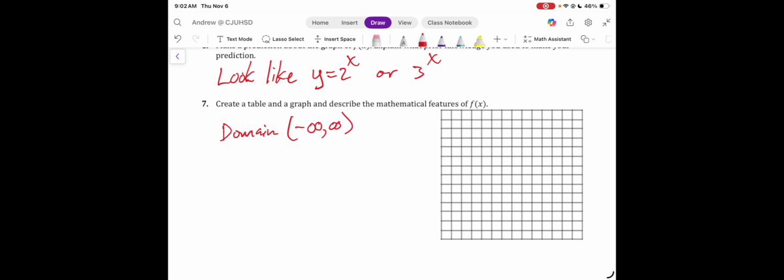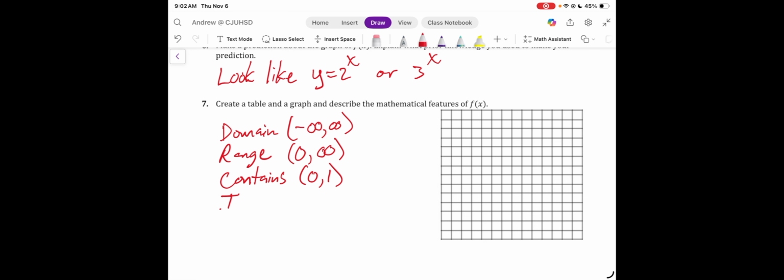The range is going to be from 0 to infinity. And it's going to contain the point, remember, we called this our tracking point or our reference point, 0, 1.